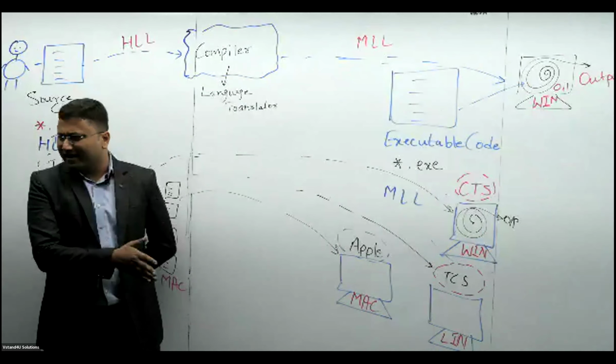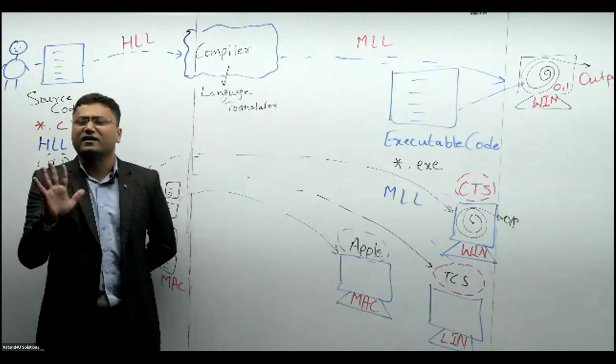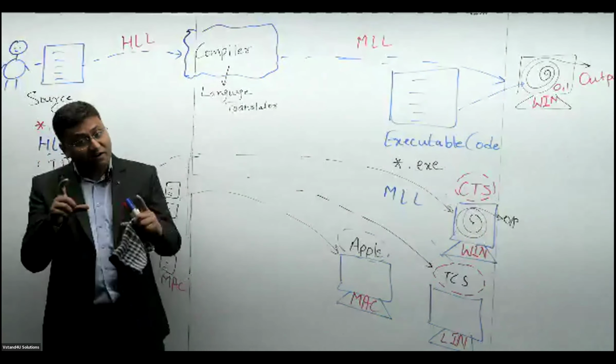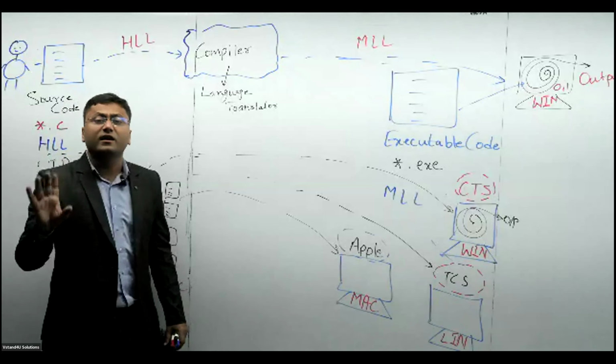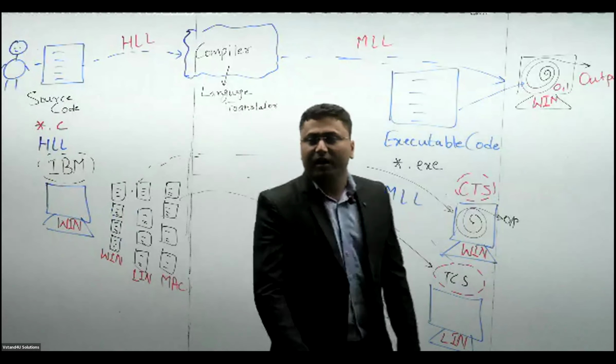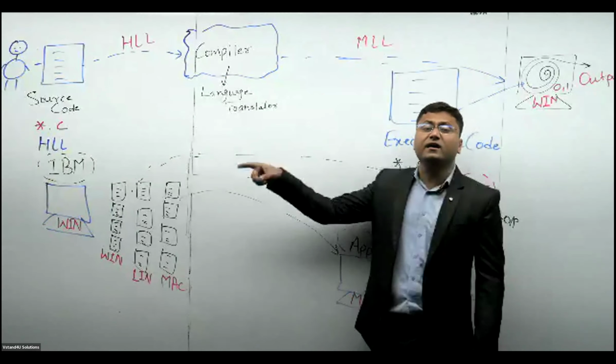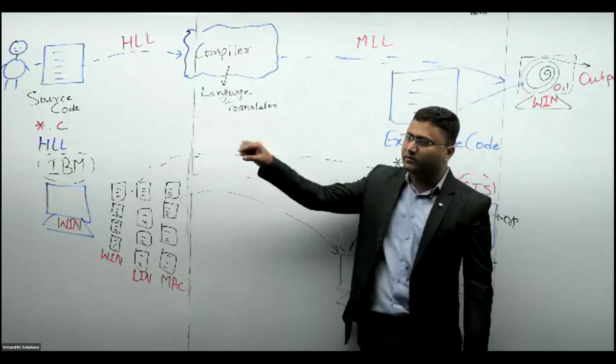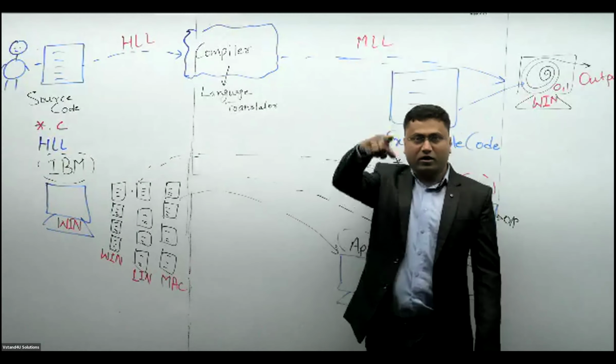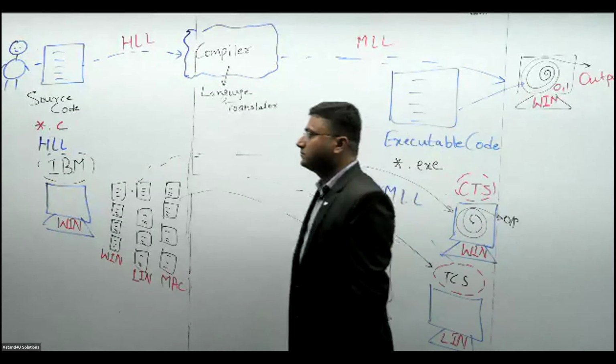So many are there, Macintosh. These are nothing but operating systems. The combination of hardware and software is nothing but the platform. Am I clear? Platform is nothing but the combination of operating system and processor. We'll go with this. Online folks, everybody clear?